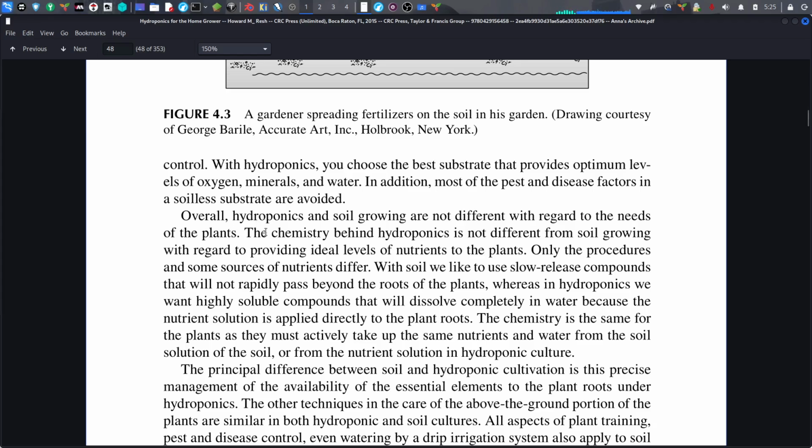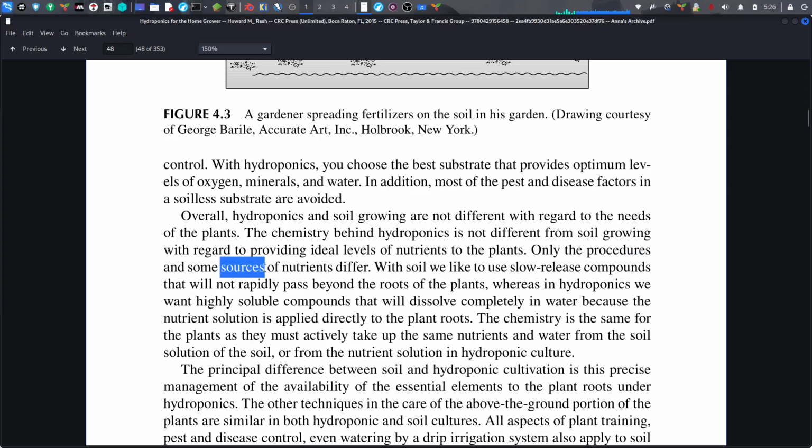The chemistry behind hydroponics is not different from soil growing with regard to providing ideal levels of nutrients to the plants. Only the procedures and some sources of nutrients differ.